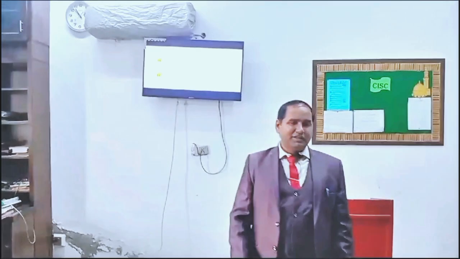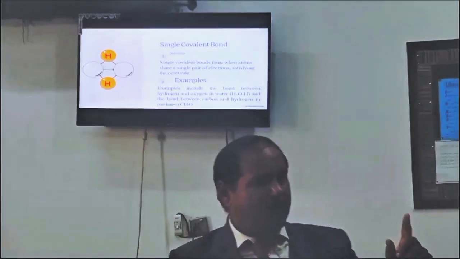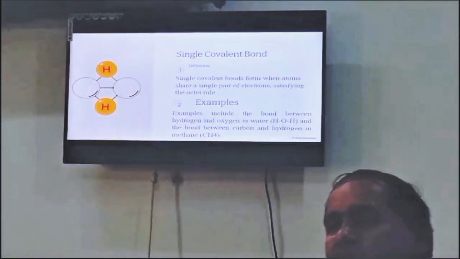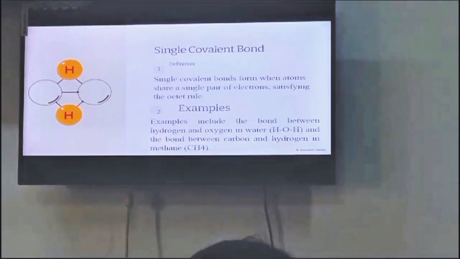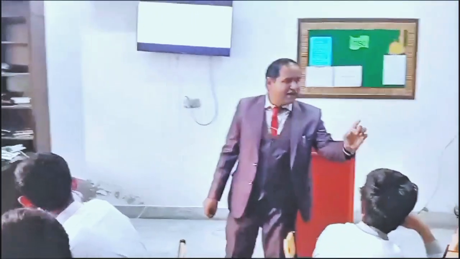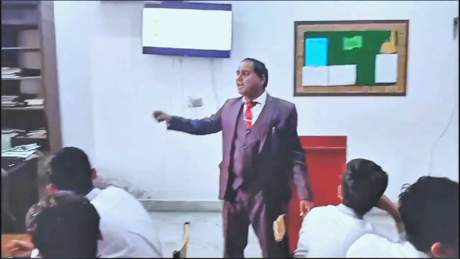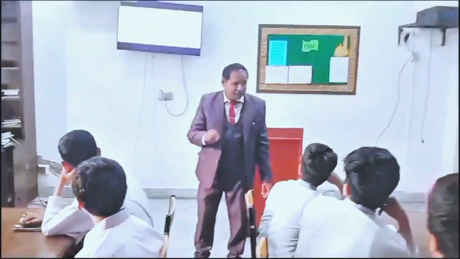First of all, single covalent bond is a bond which is formed by sharing of one electron by each of the bonded atoms. When every bonded atom is sharing one electron each, it is an example of a single covalent bond.